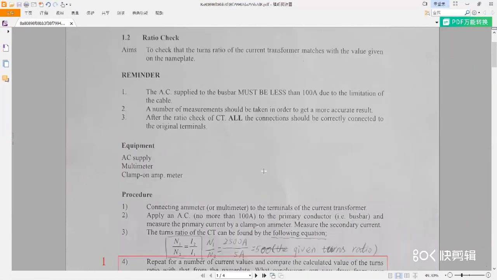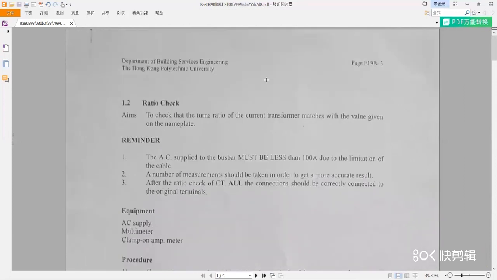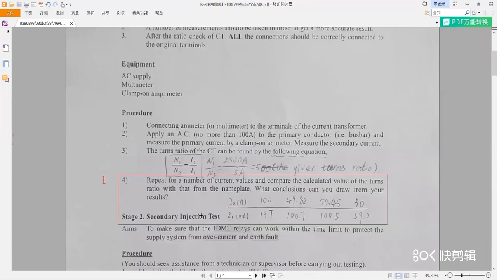For the first question, in the ratio check process, you have to use this data to calculate the value of the turns ratio and then compare the calculated value with that from the nameplate. According to the calculated value and comparison, you can get some conclusions in your report.